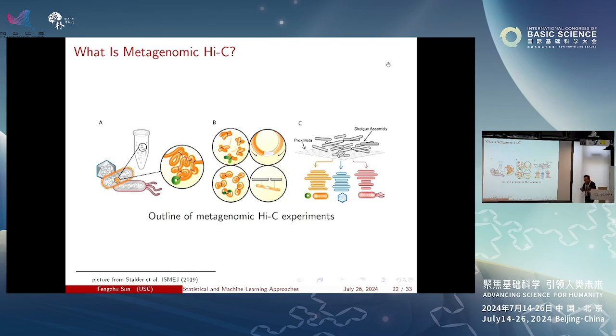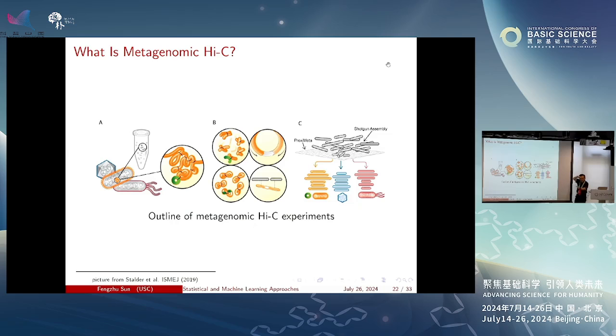Hi-C was originally used in human, in one particular organism, to study how different interactions happen and how the genomes are formed in the organism.